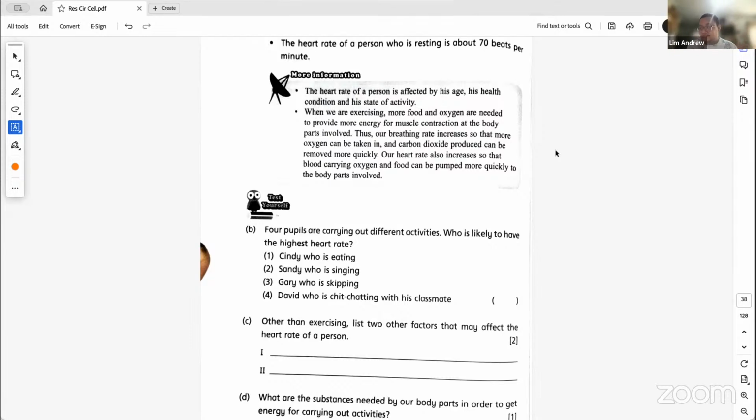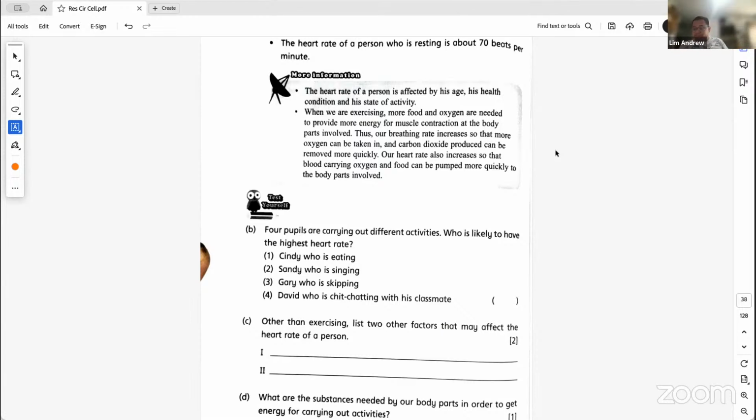Sandy, who is singing. When we sing, do we use up a lot of energy? When we sing do, re, mi, fa, sol, la, ti, do, we are just relaxing, singing. So therefore, the heart rate will be low as well.